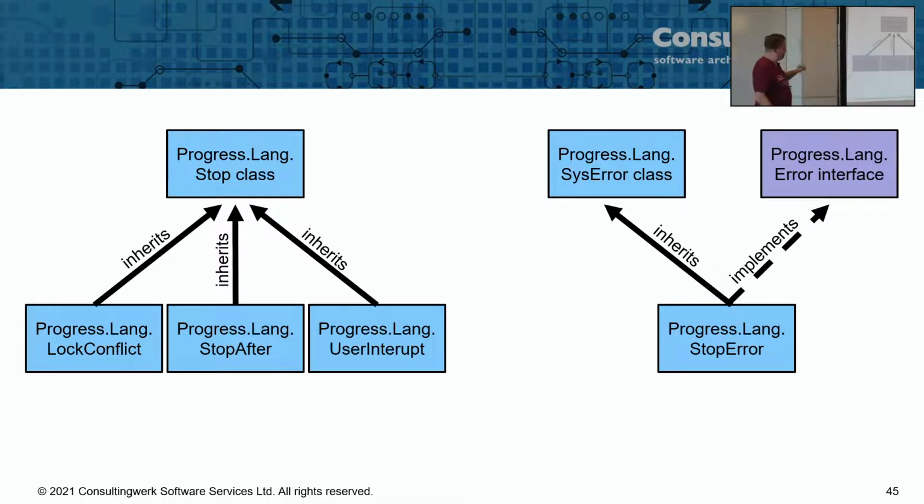And these errors actually have messages attached to it. The lock conflict, stop after, user, they don't have messages attached to that. The idea behind that is probably that if stop after is raised as a class, you can check for the error class, and then it's clear what type of issue it was.